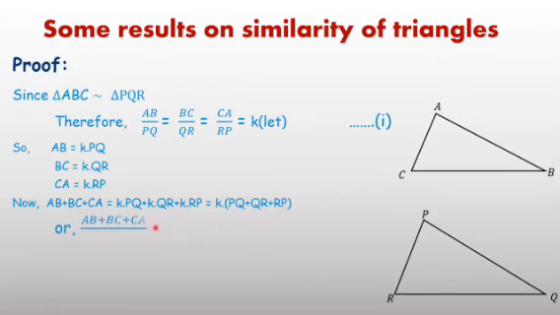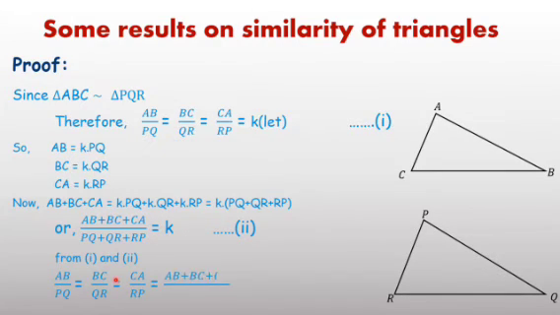Our next step, divide by PQ plus QR plus RP on both sides, and you will get AB plus BC plus CA upon PQ plus QR plus RP equal to K. In the first equation, we have the ratio of sides as K, and after solving here we get the ratio of perimeters is also K. From the first and second combined, we can write that the ratio of sides of similar triangles is equal to the ratio of perimeters of the two triangles.